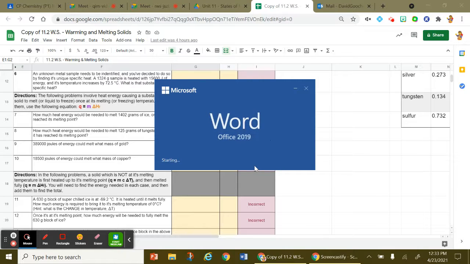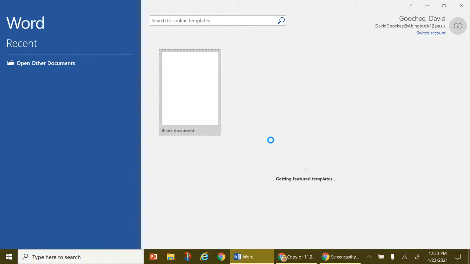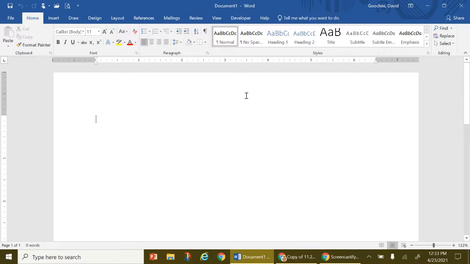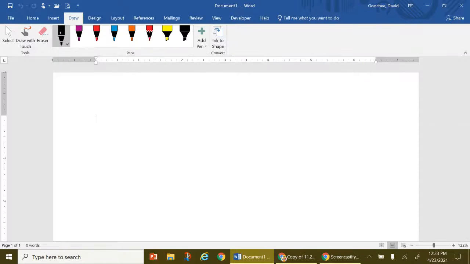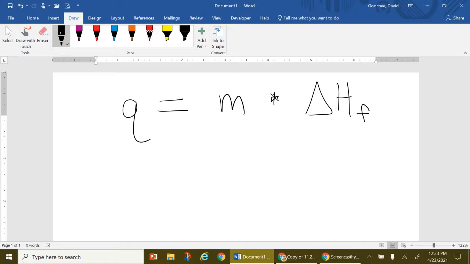Now, this equation is actually a lot simpler than the other ones we've worked with before. Here's the equation: the heat energy needed to melt something is equal to the mass of whatever substance you're trying to melt times its special melting value, which we call the heat of fusion.